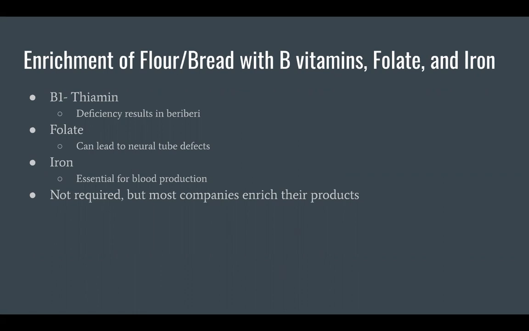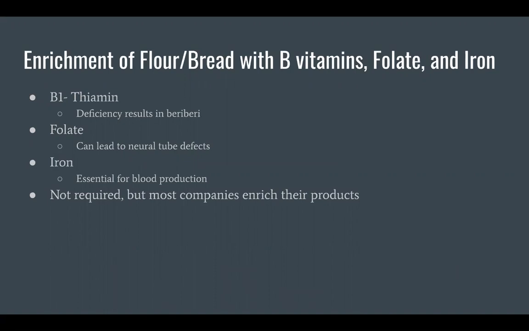And if we don't have enough thiamine in our bodies, this can result in a disorder called beriberi. There are two different types of beriberi, one being wet beriberi, which affects the heart and the circulatory system. The other form is dry beriberi, which results in nerve damage and decreased muscle strength.